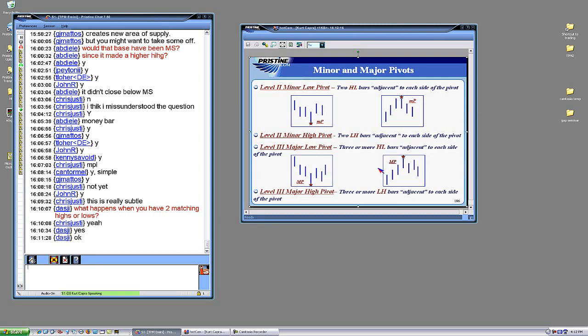A level 3 major pivot high has 3 or more lower high bars to each side. And again, it's in relation to the pivot bar. It doesn't have to be lower high, lower high, lower high. It could be lower high, higher low, lower high, as long as they're all lower highs in relation to the pivot bar itself.